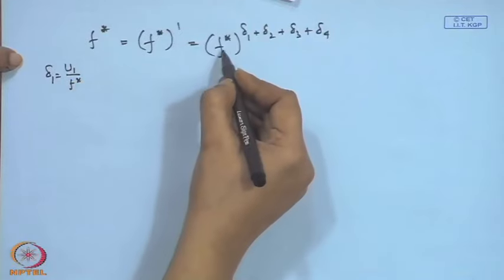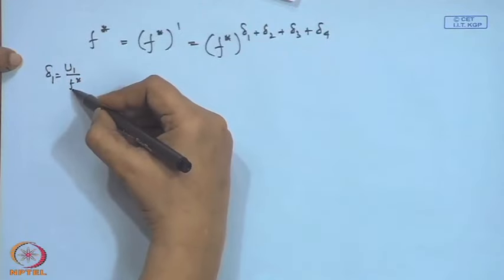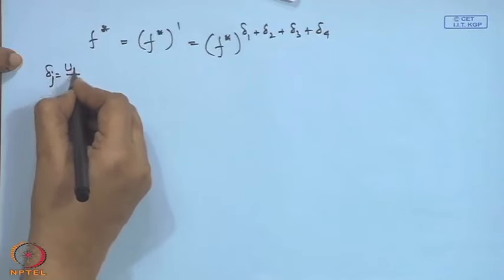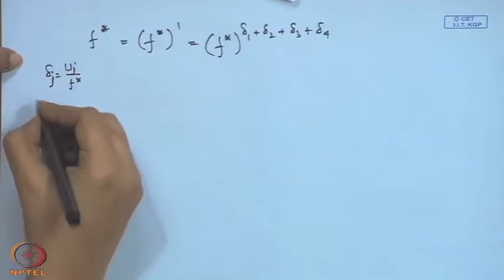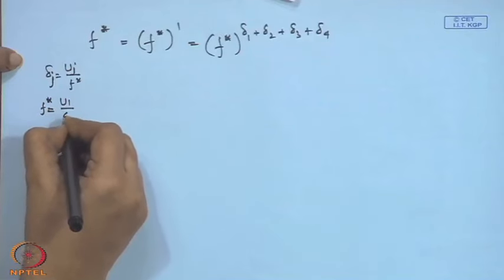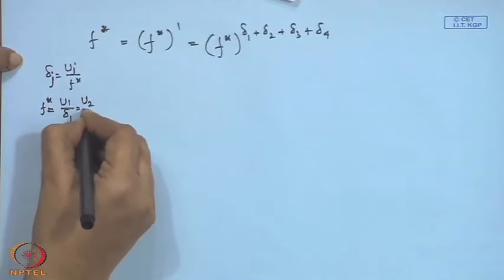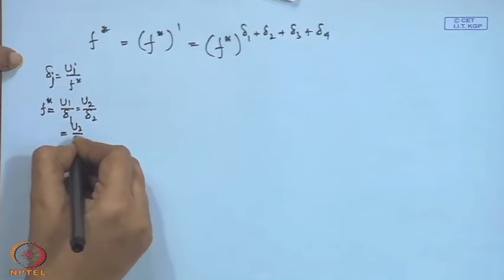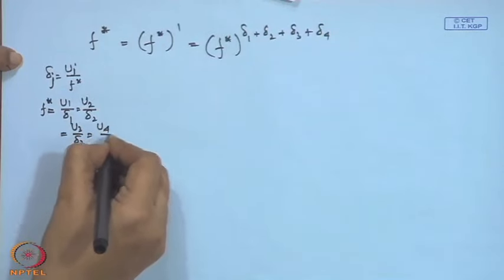Thus, we can say that f star is equal to u1 by delta 1. Similarly, for 2 as well, for 3 and 4, for everything. Thus, we can say f star is equal to u1 by delta 1 is equal to u2 by delta 2 equal to u3 by delta 3 equal to u4 by delta 4.